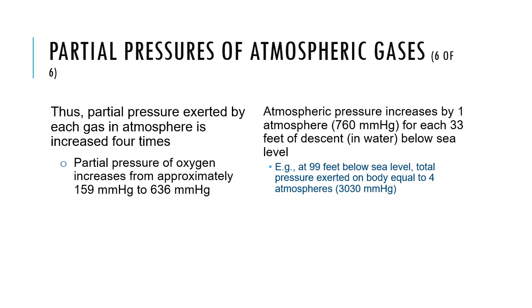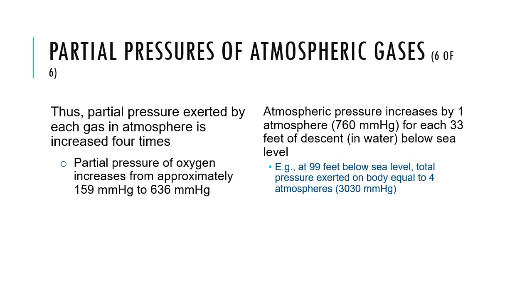It should also be noted that moving in an opposite direction has a reverse effect. That is, atmospheric pressure is increased by 1 atmosphere, 760 millimeters of mercury, for every 33 feet of descent under the water.